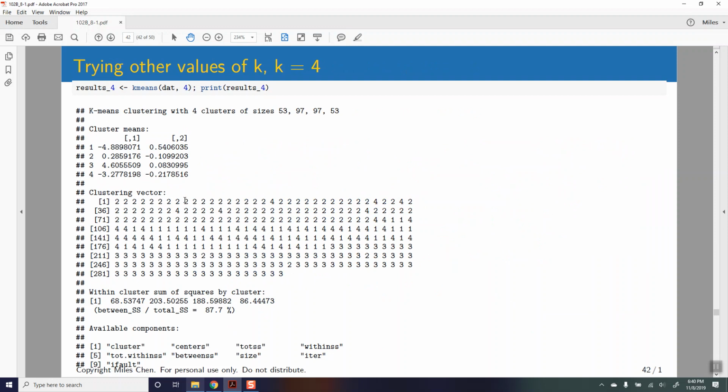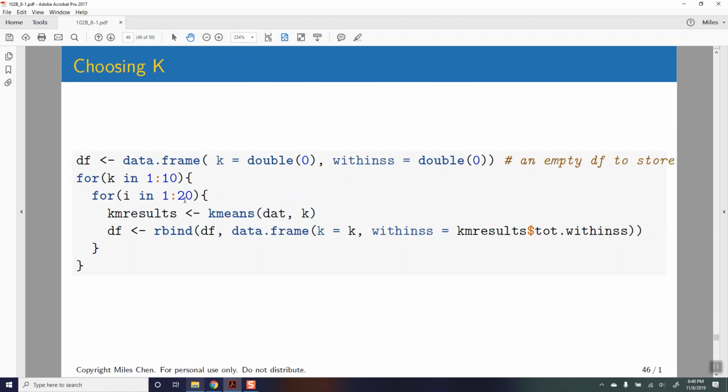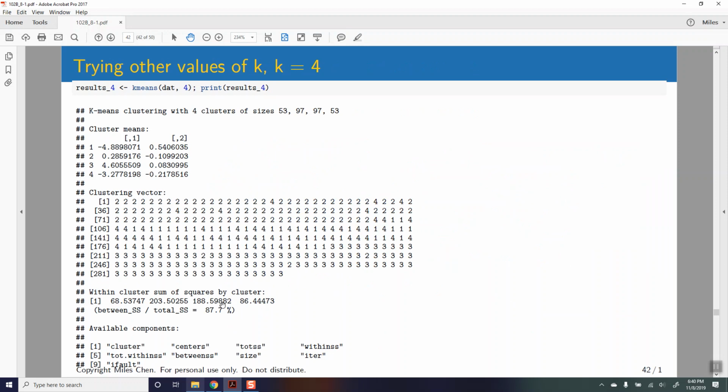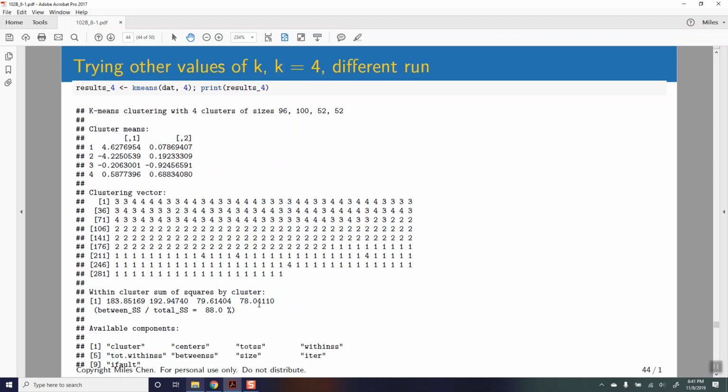If we look at the total within sum of squares, it is going to be the sum of these 4 numbers. Basically, we want the within sum of squares to be as small as possible. If I add up these 4 numbers on this run, I got this, and on this run, I got something a little bit different.